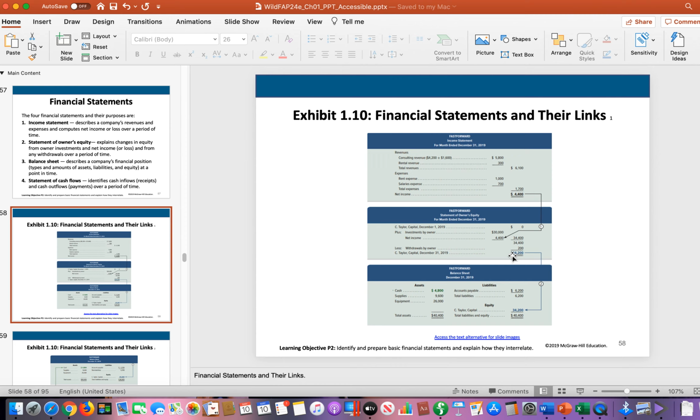As I told you then, we expanded the equity section just to prove a point, but the revenue minus expenses is done separately on an income statement. And whatever that is added or subtracted to the equity section or the statement of owner's equity. Now, let's go back to the income statement. Had it been a net loss, you would subtract that $4,400.